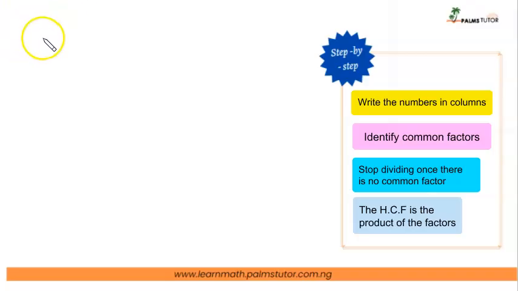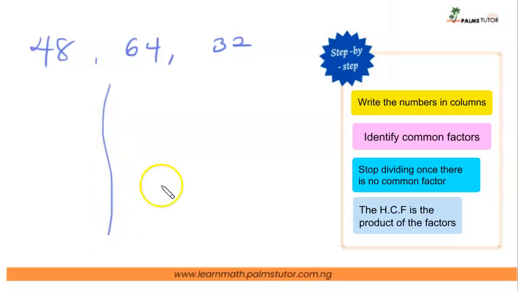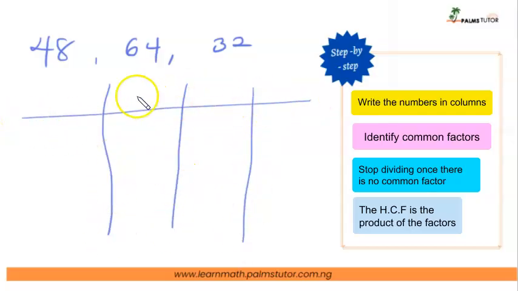So let's have another example. Here we have the highest common factor of 48, 64, and 32, right? So I will put them in lines. I have 48 here, I have 64, and I have 32.